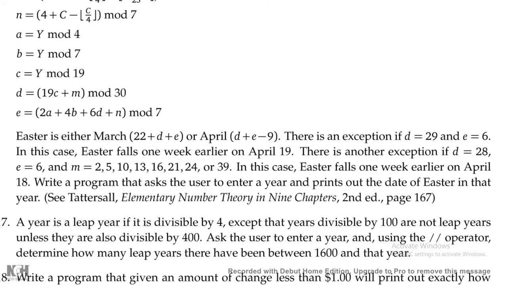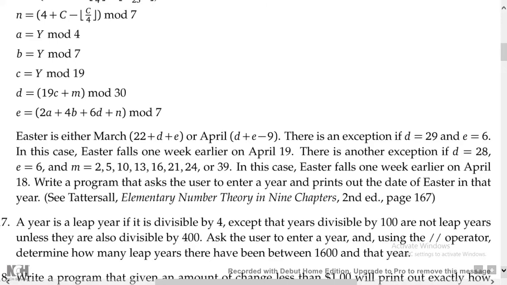There is another exception if D is equal to 28, E equals 6, and M is one of these numbers: 2, 5, 10, 12, 16, 21, 24, or 39. In this case, Easter falls 1 week earlier on April 18, meaning it's gonna be April 11.